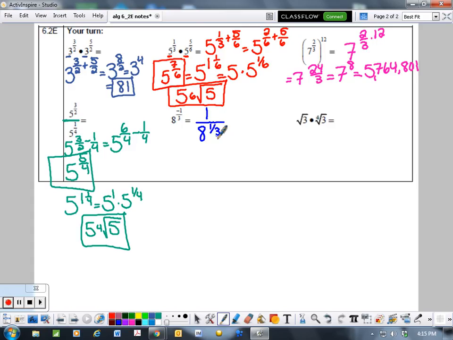And 8 to the 1/3 power is really 2. So what this tells me is that 8 is really 2 to the 3rd power, and that's being raised to the 1/3. So when I multiply, I get 1, because 3 times 1/3 is 1. So this is really 2 to the 1st power.